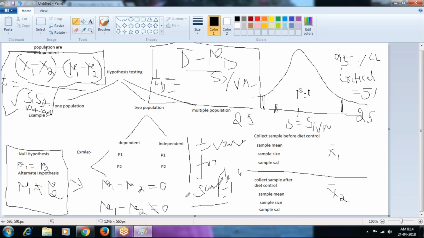So if your diet control is positively or negatively working, it will give us the value. If you want, you can make it mu1 minus mu2 equal to 0 against mu1 minus mu2 greater than or less than or equal to 0. In this case, you can get the values and apply your hypothesis.